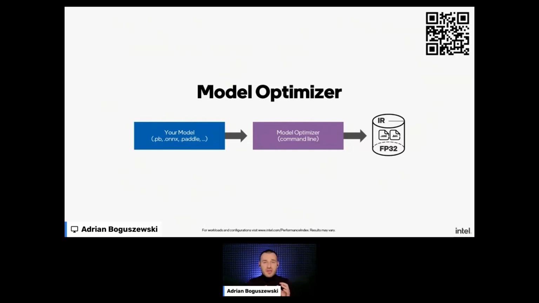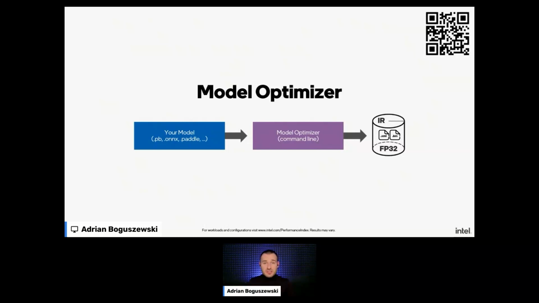But Model Optimizer not only converts your model, it also performs some number of optimizations like graph pruning or fusing some operations together. So after that, you have faster inference.